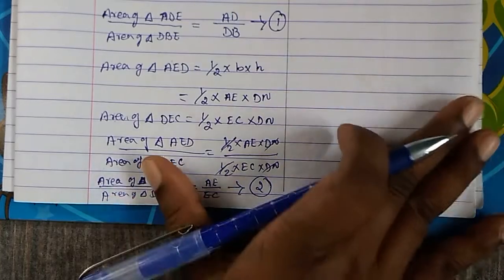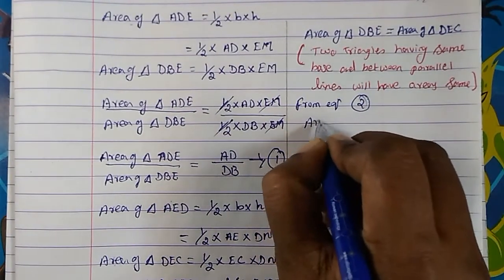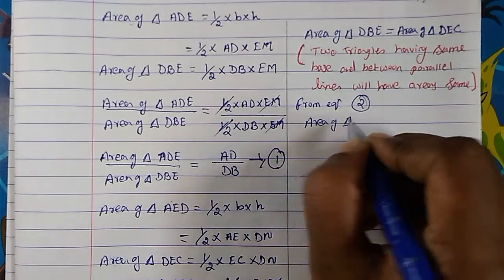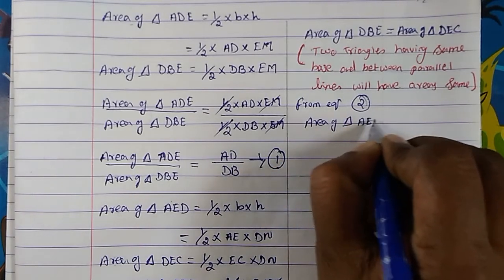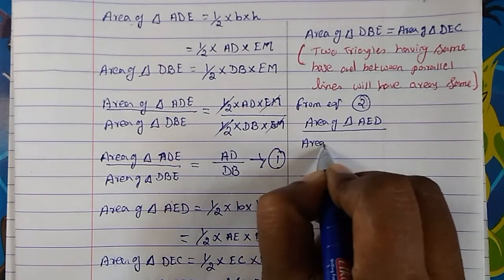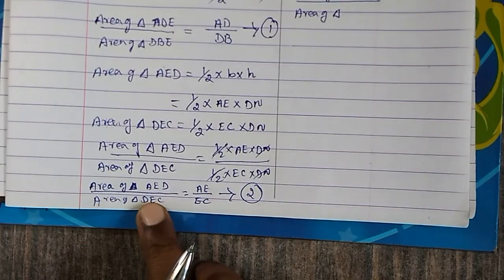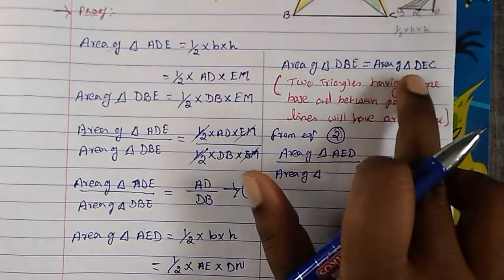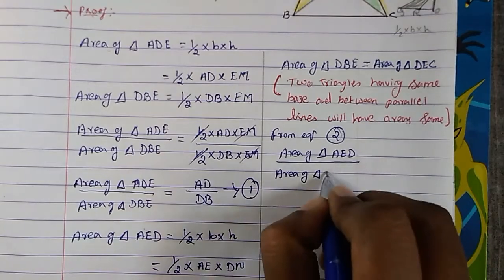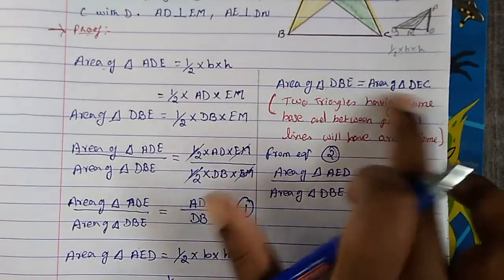So let's write the area of triangle AED upon area of triangle, instead of DEC, we'll write DBE, because you see their areas are equal.